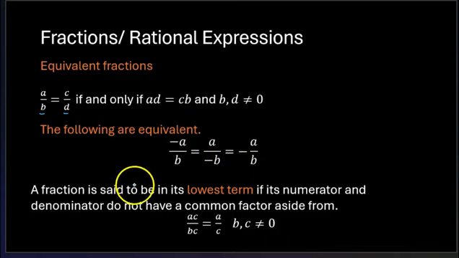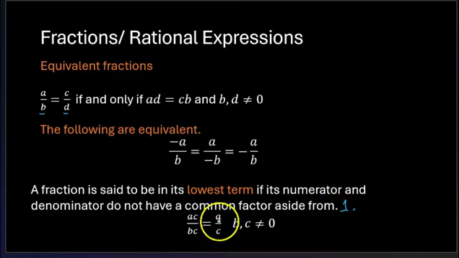When we write our final answer, we would like to write our final answer in what you call simplest form or lowest term. So in a fraction, when do we say that a fraction is in its simplest form? If the numerator and denominator do not have a common factor aside from 1.